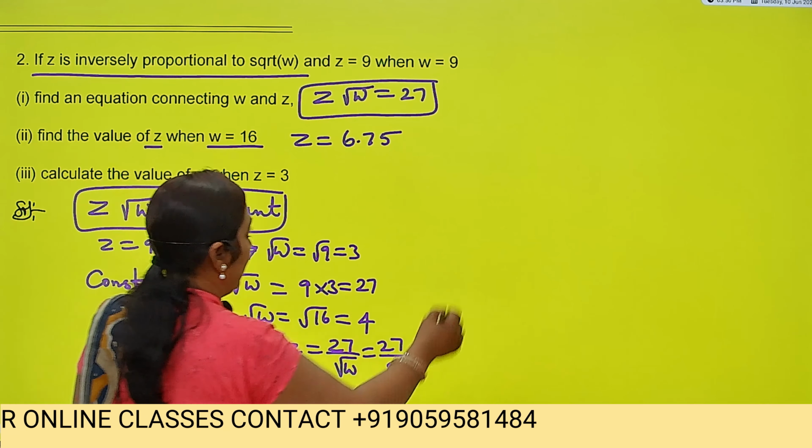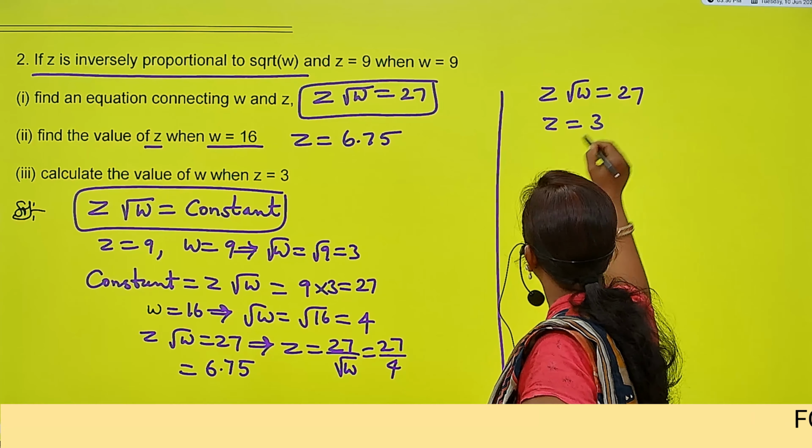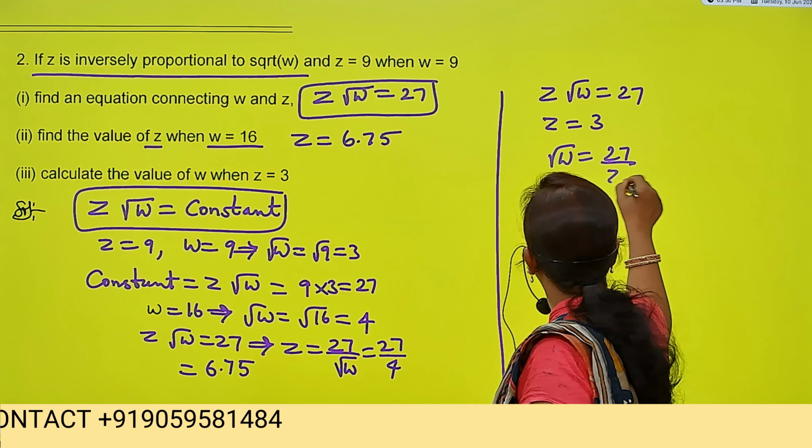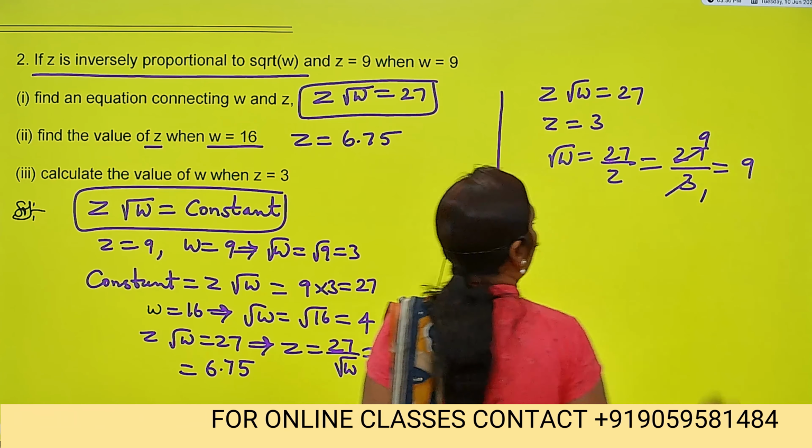Take the same relation. What is that? z root w equals 27. They have given z equals 3. So what is root w? 27 over z, that is equal to 27 over 3. 3 nines are 27.